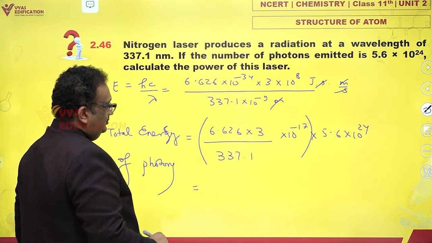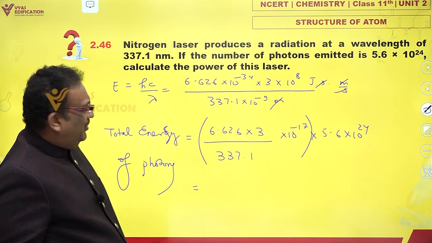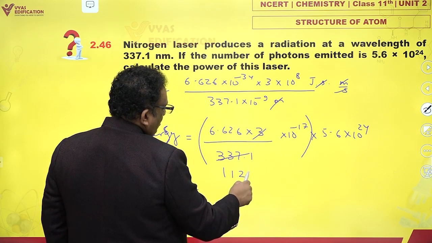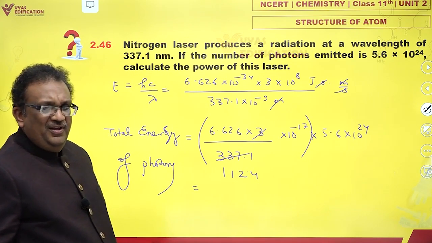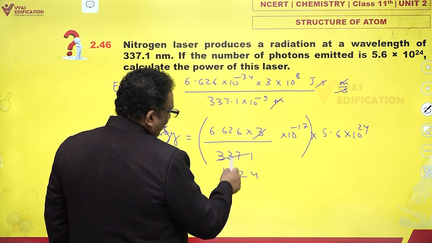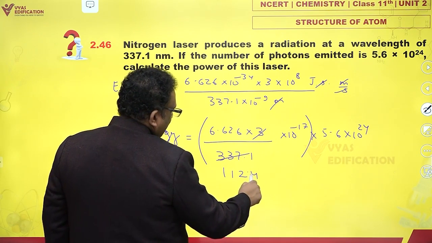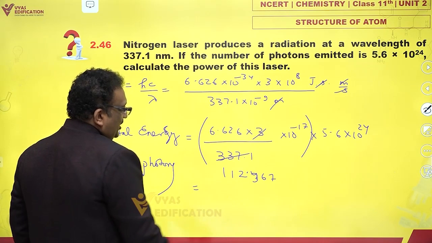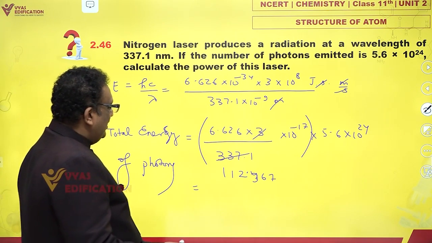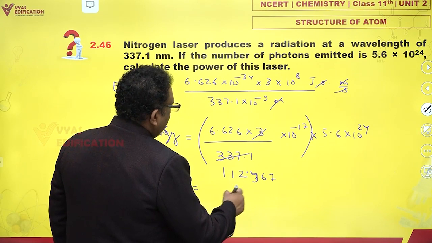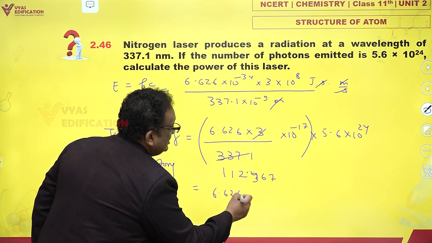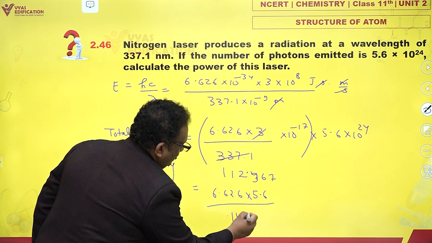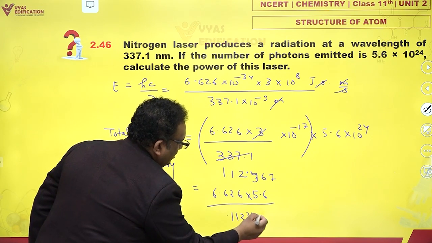Let's see. Let's start cancelling one by one. Ugly numbers. 112.4 roughly, something that way. 112 point, ugly numbers like this. Doesn't matter much. And so I have 6.626 into 5.6 by a loving 0.112367 into 10 raised to 3.